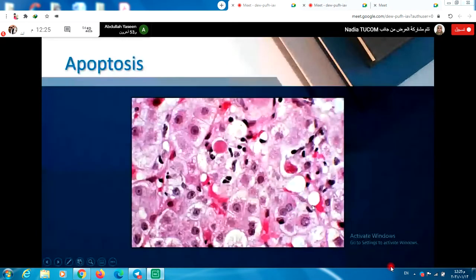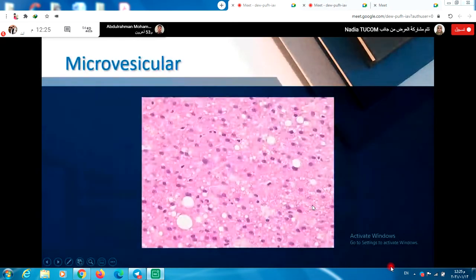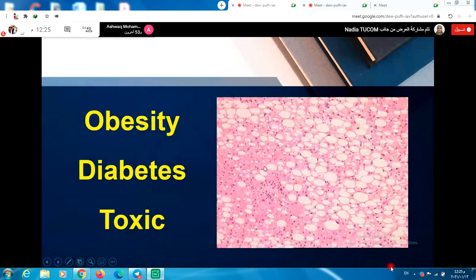This is the microvesicular: small, tiny hepatocellular fatty vacuoles within the cytoplasm. And this is the macrovesicular: a single large fatty vacuole within the hepatocyte that displaces the nucleus to one side. Okay.